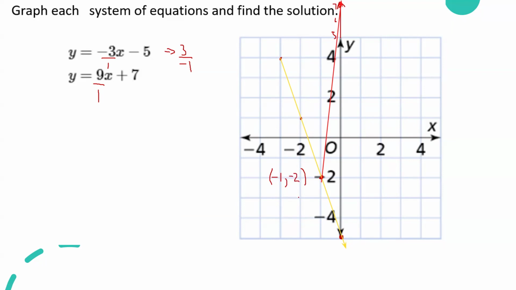And that is how you graph a system of linear equations, and how you find the solution to a system of linear equations using a graph.